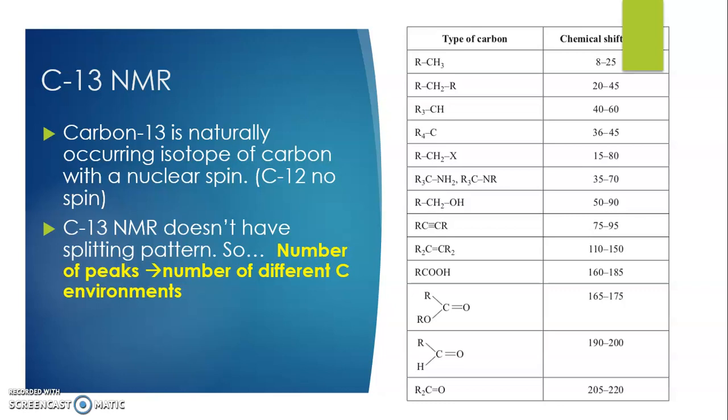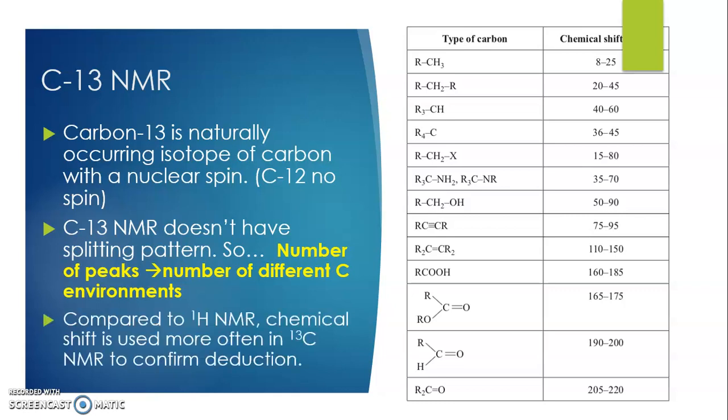So what we actually look at becomes very simple, which is number of peaks equals the number of different carbon environments. And since it doesn't really have a splitting pattern, the chemical shift is actually quite easy for us to confirm our deduction in carbon-13 NMR.